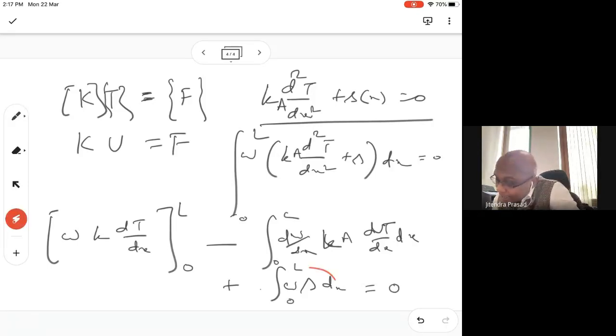So see here, these and these are force, basically these are the force values. This becomes K times U. So basically we can say this and this give you the forces, this gives you K times U, that goes to the other side. So a source is positive when it is coming to the system.